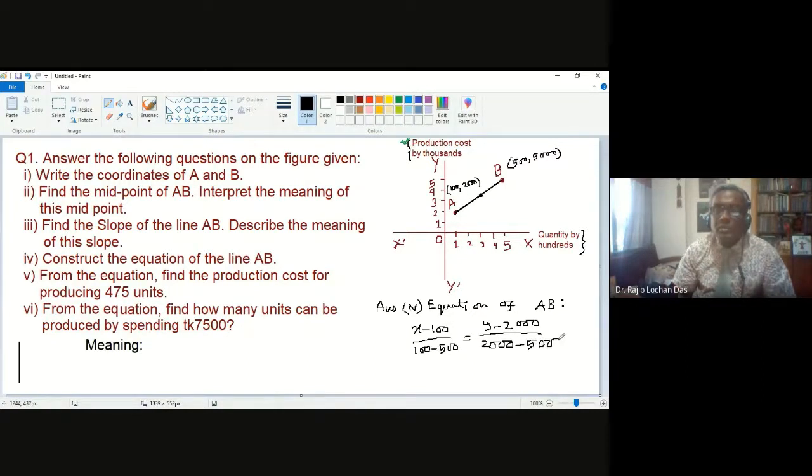So that will be the formula. Now you do the calculation and then finally you get the answer. So it is minus 400 and it is minus 3000.